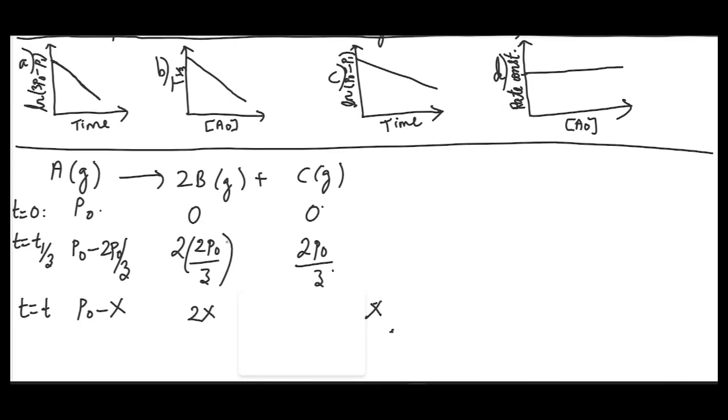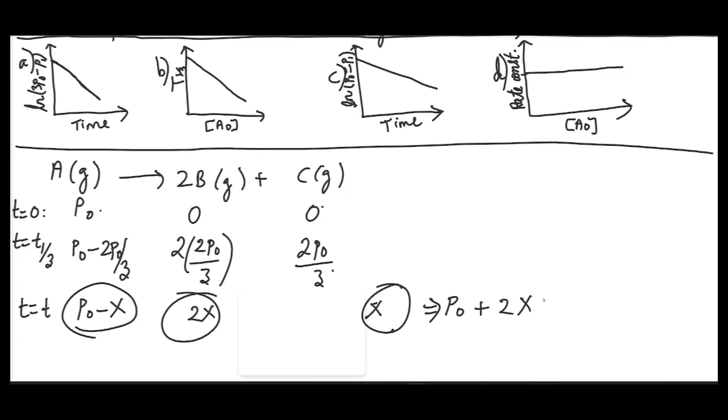Now the total pressure at time t is nothing but P0 minus x, 2x and x. If we add all these three, we get P0 plus 2x. Now let us assume the total pressure is some Pt. Now how can we write x in terms of Pt and P0? x is equal to Pt minus P0 whole divided by 2. Let us assume this as equation 1.